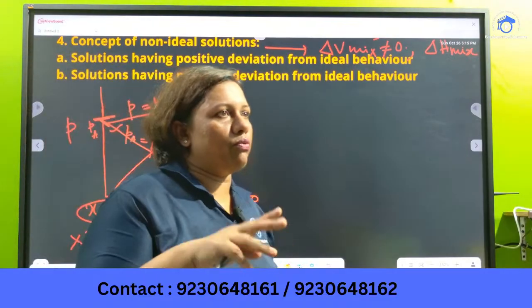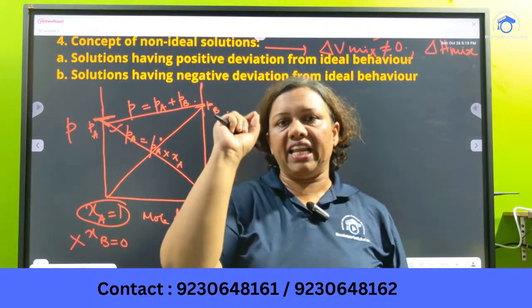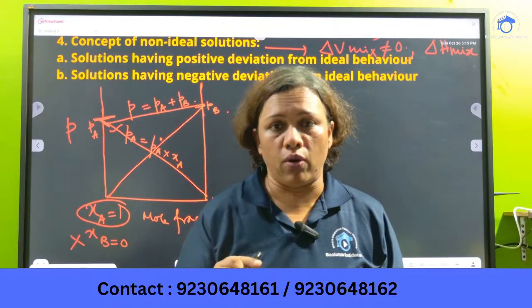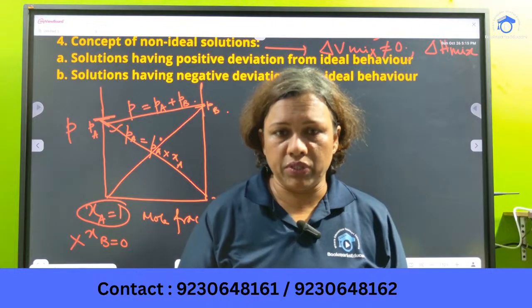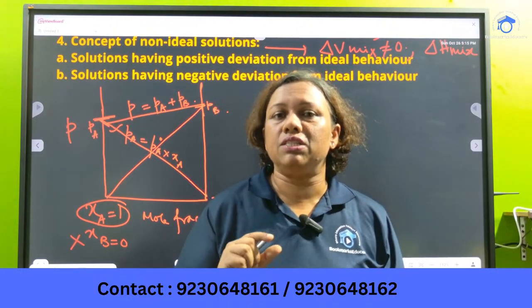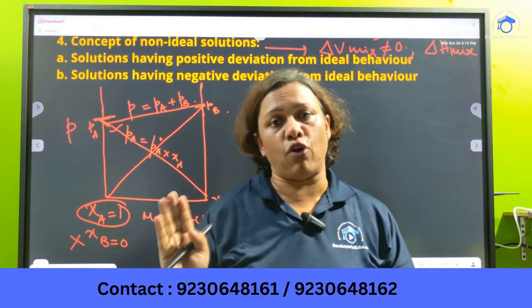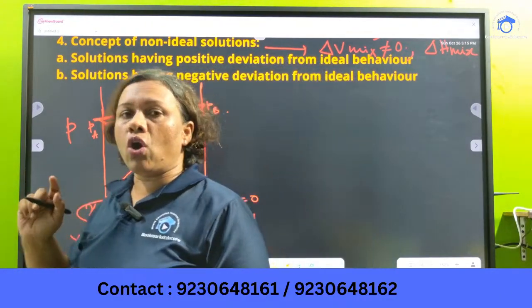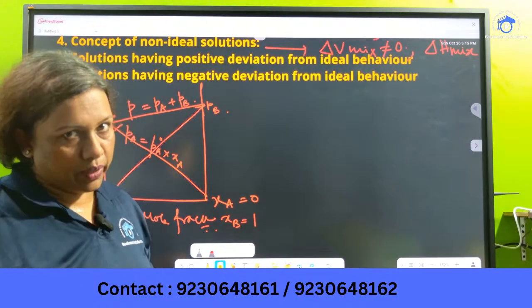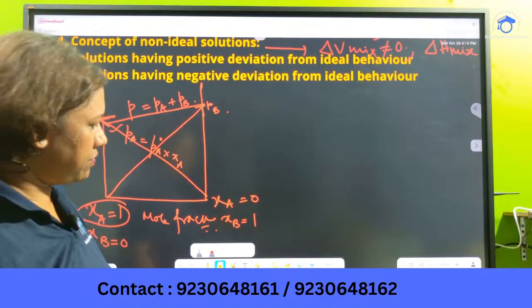Actually, whenever in this chapter there is any term with 0 in power, okay, that is for pure form. In solution chapter, if there is any 0 in power, that means that parameter is defined as the purest form. Okay, so Pa naught means that is the vapor pressure of the pure A liquid and X is the mole fraction.